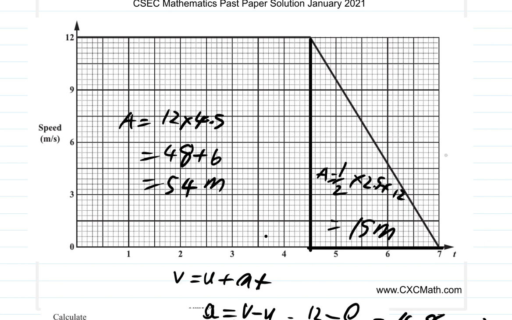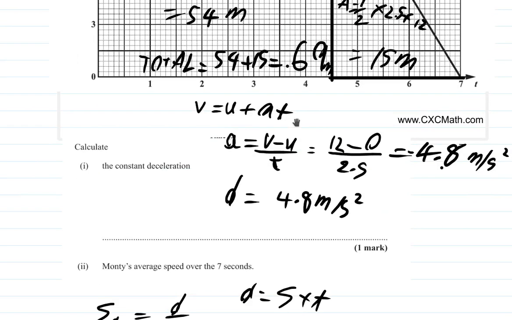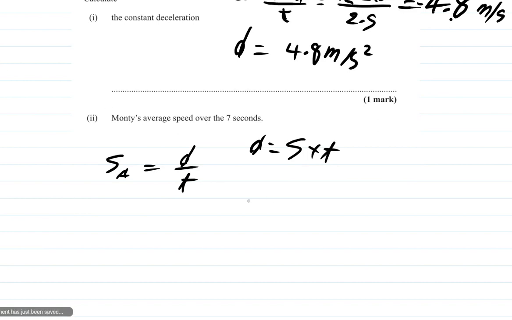So the total area, which will be the distance, is 54 plus 15. What's that? 5 and 4, 9. 5 and 1, 6. 69 meters. That's the area under the graph representing the distance. So distance is 69 meters.